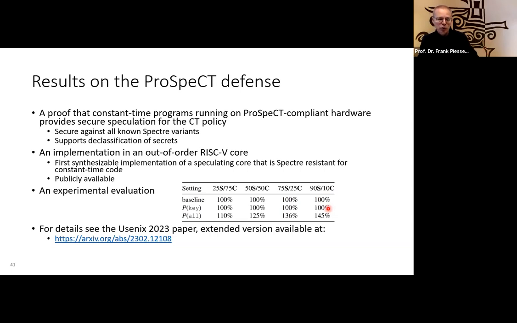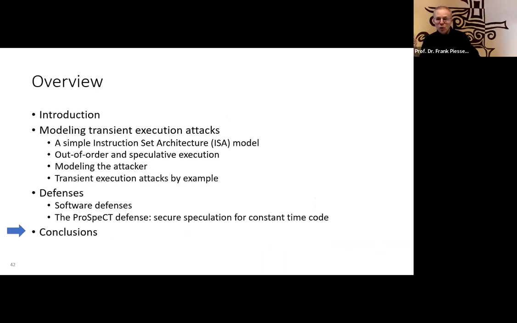So that's a very nice property of this hardware-software co-design. Of course, if you have non-constant time code, or if you mark more of memory as secret, for instance, if you mark all memory as secret, then you start paying a performance price. That's unavoidable.